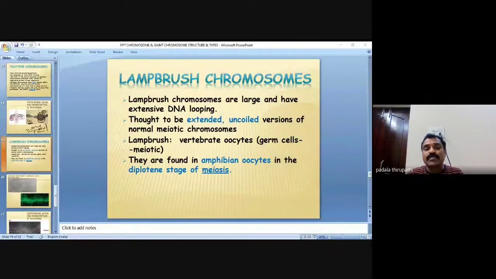So these chromosomes look like that, and that's why they were named lampbrush chromosomes. These are large and have extensive DNA looping. A number of loops are present in these lampbrush chromosomes, and this is the extended, uncoiled version of the normal meiotic chromosomes.